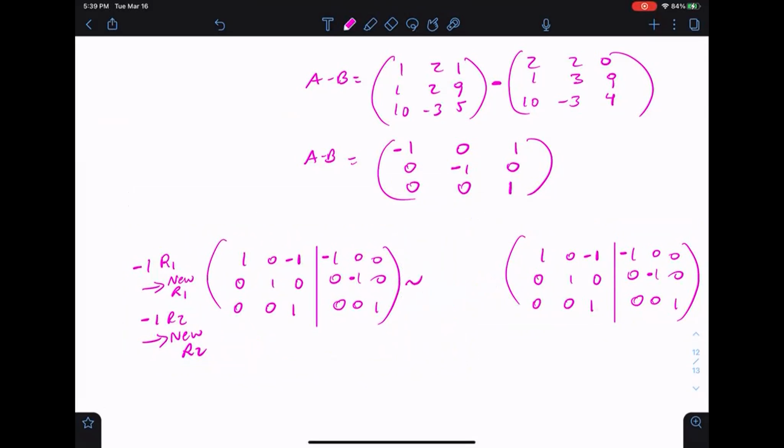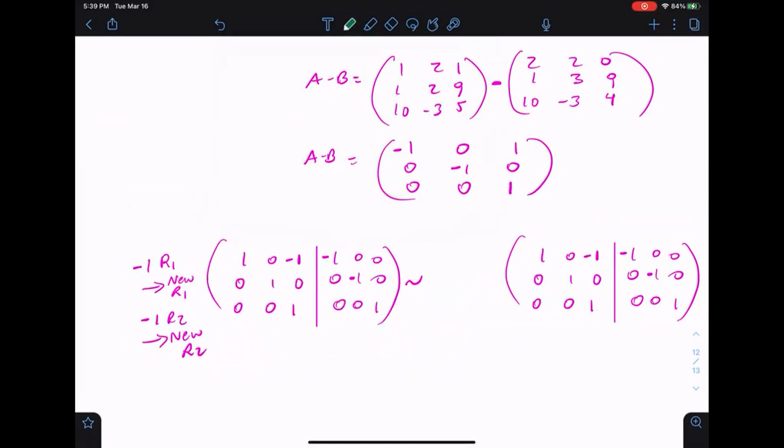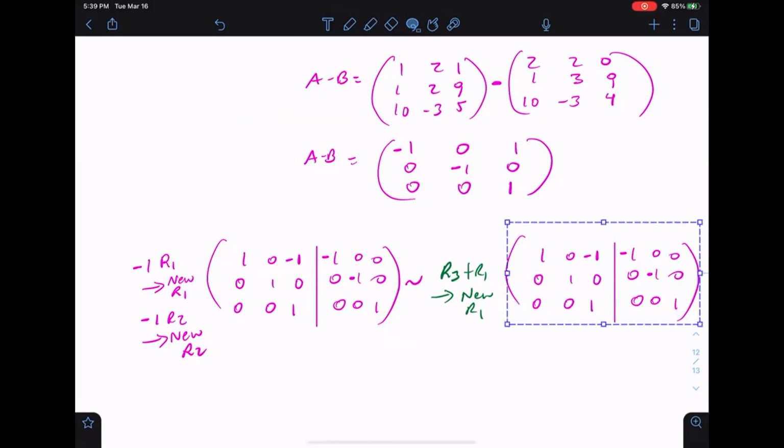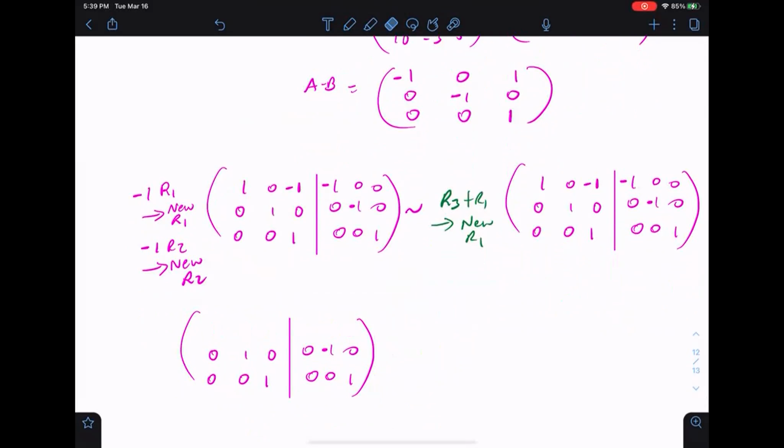Okay, I'm going to do row 3 plus row 1 to get new row 1, okay? That's not a big deal. So if I do that, row 1 is going to change.